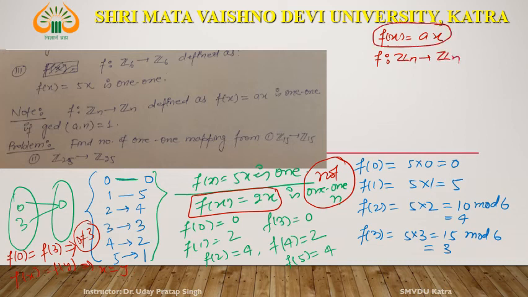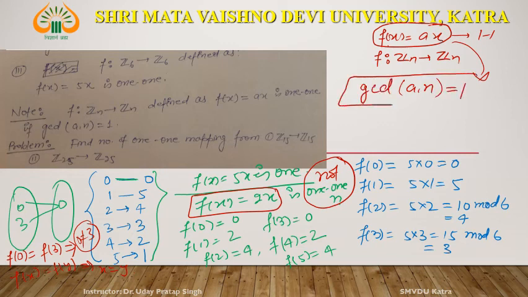This is 1-1. Why 1-1? This is 1-1 only in this condition: if GCD of a and n is 1, then this f(x) equal to ax is 1-1, otherwise not 1-1, right?